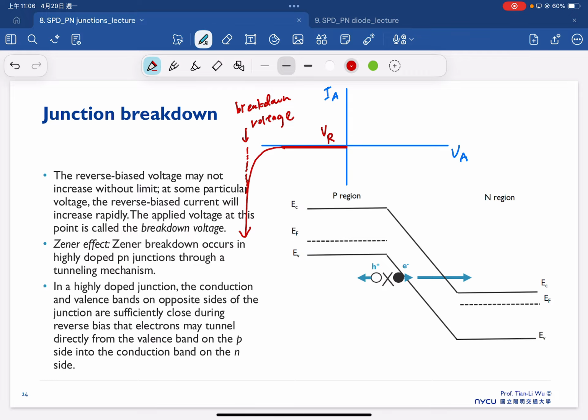That's why we have this slide to explain the first phenomenon, which we call junction breakdown. The reverse bias might not increase without limit, as at some particular voltage the reverse current will increase rapidly, and the applied voltage at this point is called the breakdown voltage.